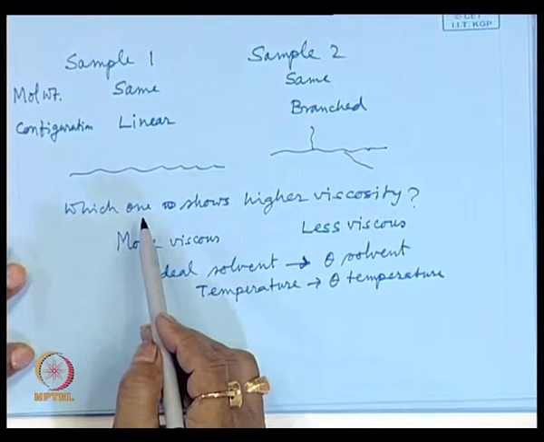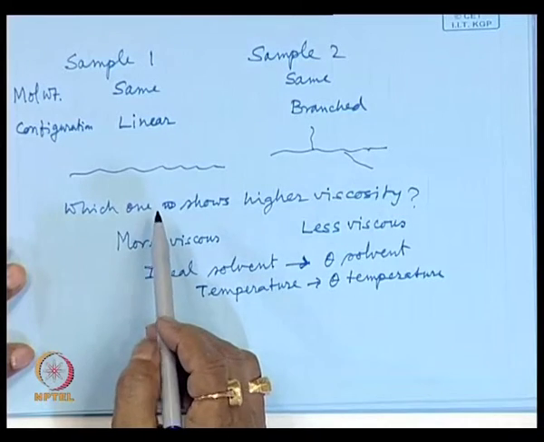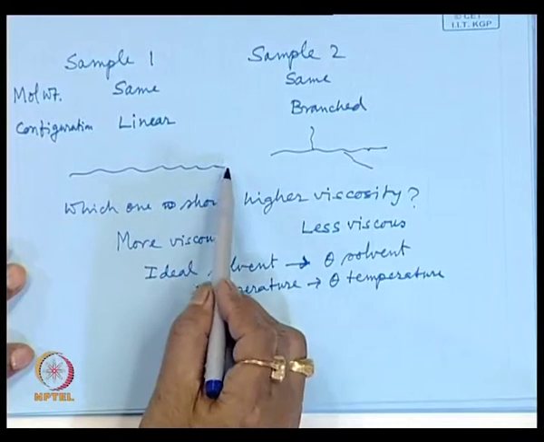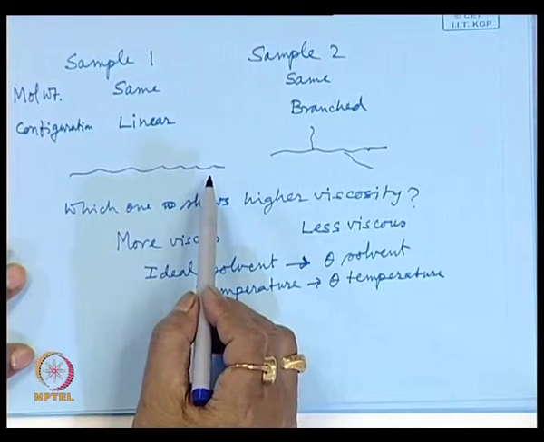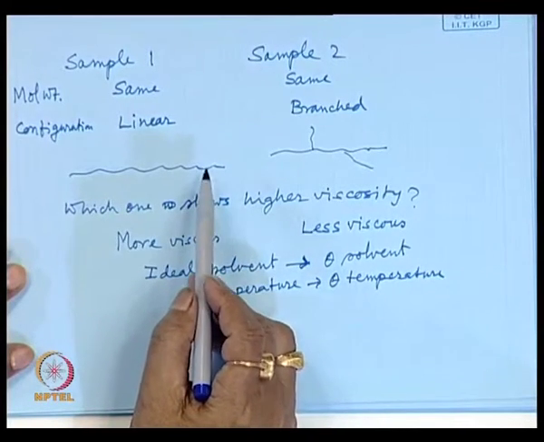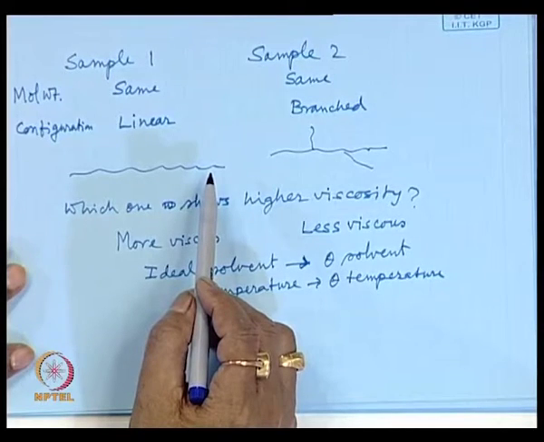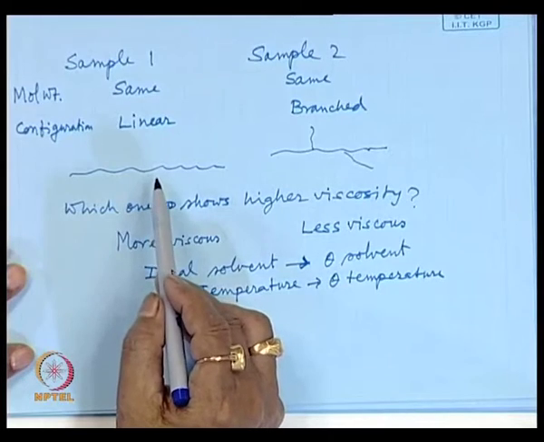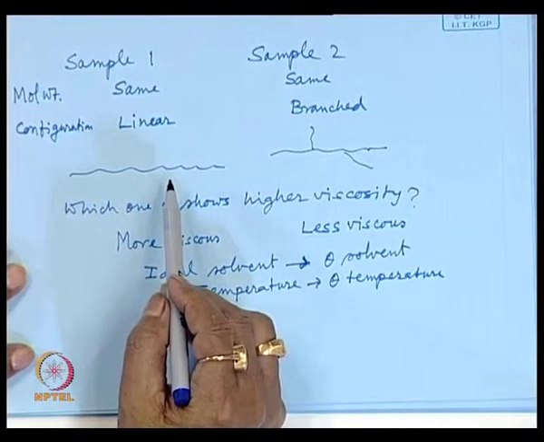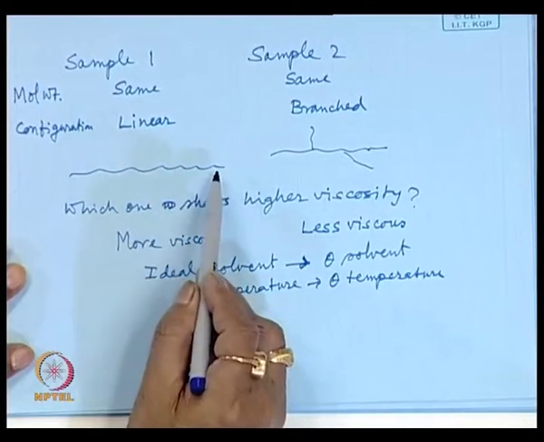It is not true that this molecule always will penetrate the capillary through one end. It is not that kind of good boy. It will take its own course. That means, you have to think in terms of radius of gyration. So, this system will provide higher radius of gyration than this one.